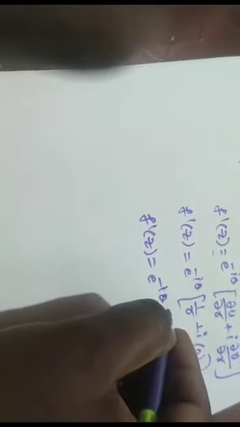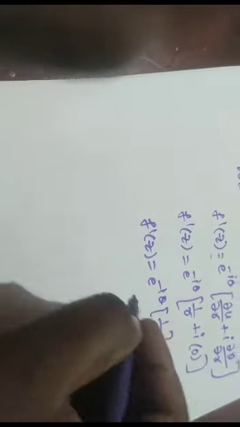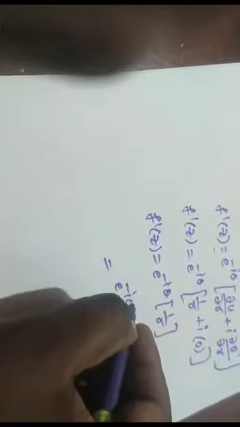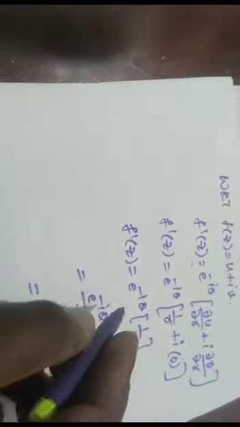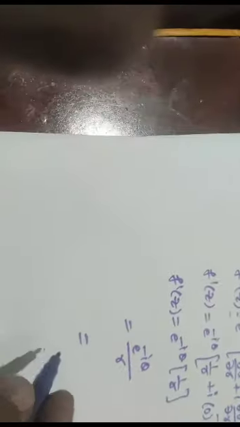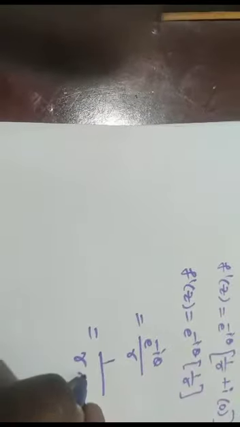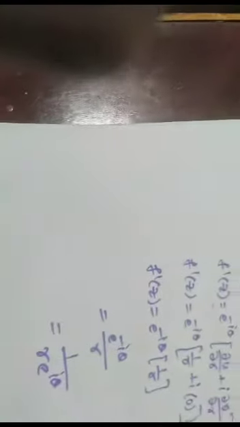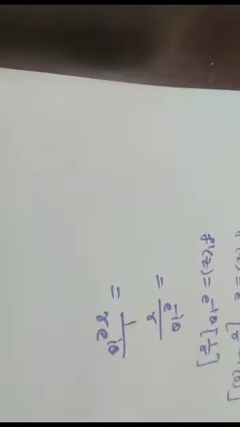So f dash of z equal to e power minus i theta into 1 by r. This e power has a negative power; if we shift it to the denominator, it becomes positive.